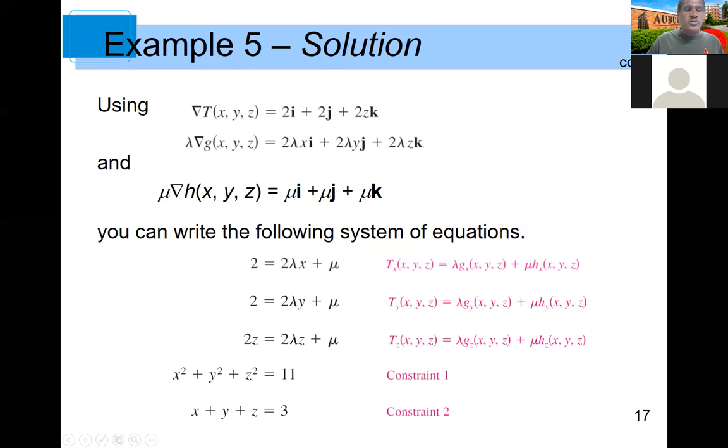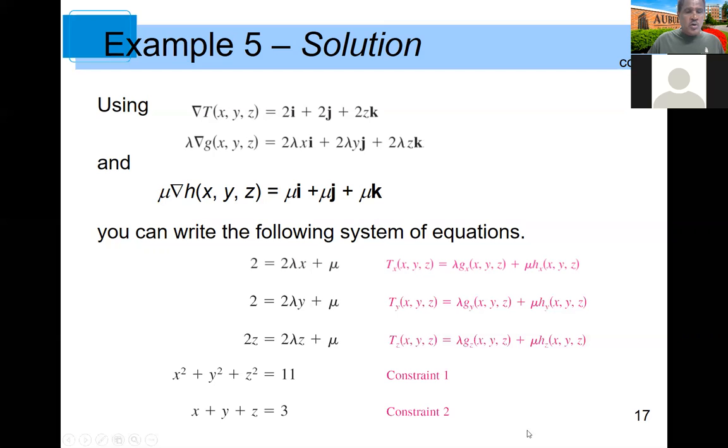How many unknowns? 5 unknowns. One unknown is lambda, another unknown is mu. The other 3 unknowns are x, y, and z. So we have to solve a system of 5 equations in 5 unknowns. You can solve that, okay.